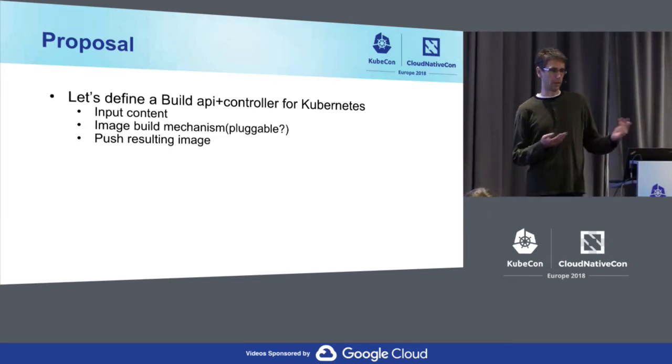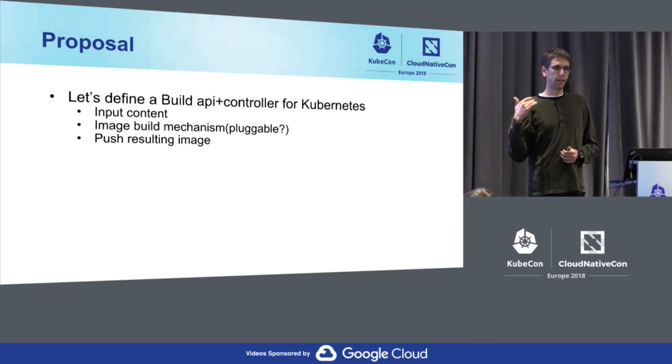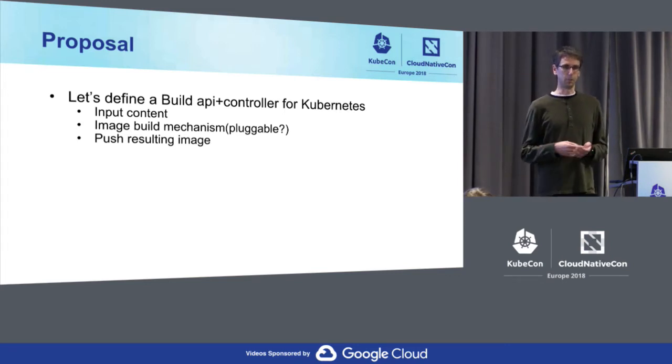We think, as Matt just said, input content is certainly a key part of any API. Pushing the image seems like it's going to be a key part. And the mechanism itself, between yesterday and today, we've covered a lot of different techniques for building images, both Dockerfile-based ones and ones that aren't, ones that are based on Docker daemons and ones that aren't. Seems likely that we're not going to pick one of those.